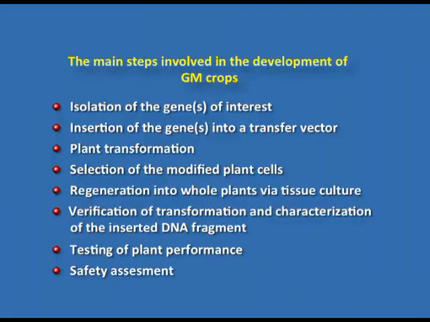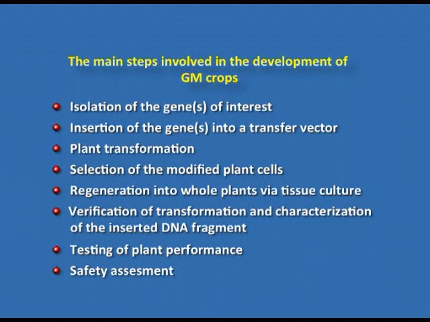Now, let us once again recollect the steps involved in recombination, which help in the process of genetic engineering. There are 8 steps here. The first step is isolation of the desired gene from the required plant. We first identify the desired gene which has to be isolated, and after isolation it is inserted into a transferring vehicle, that is a vector, which can be a plasmid, a phage, or any other suitable vehicle.